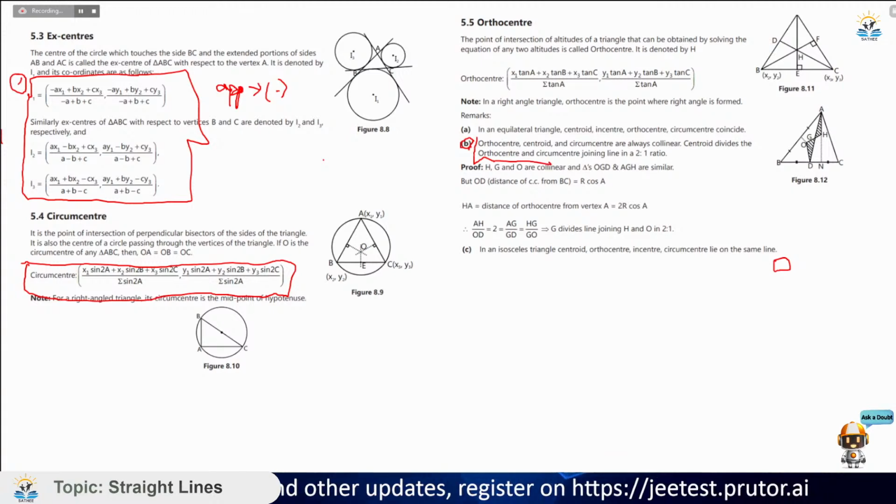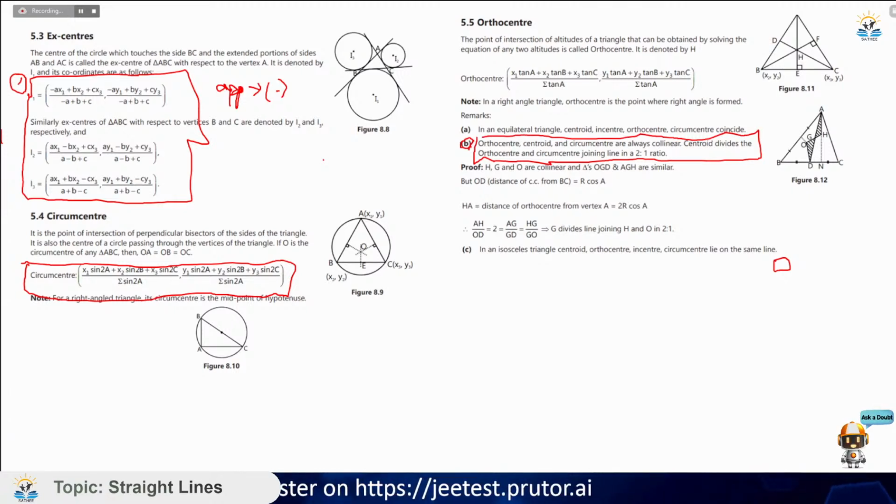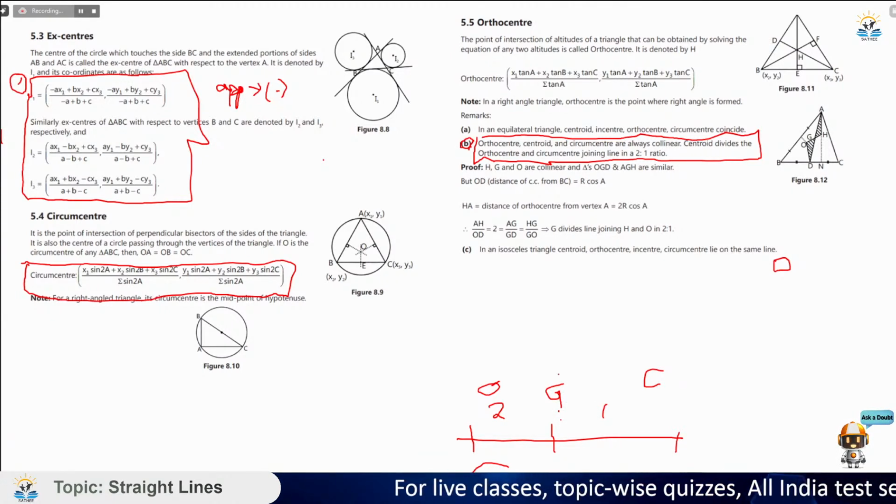Given the orthocenter and the centroid, find the circumcenter, how will you find it? Counting O, G, C, along the line are points C, G, O. G divides the line joining orthocenter and circumcenter in the ratio 2:1.